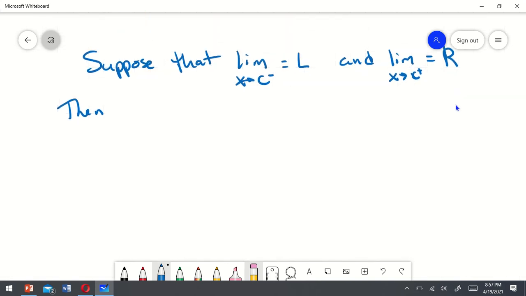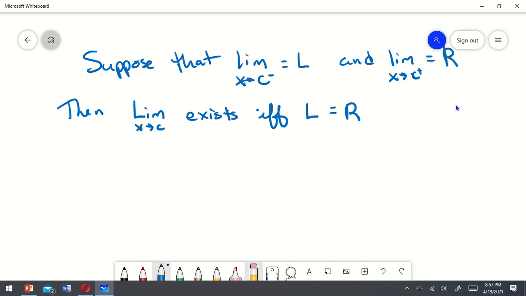Then the limit as x approaches c for our function exists if and only if the limit from either side is equal to each other.